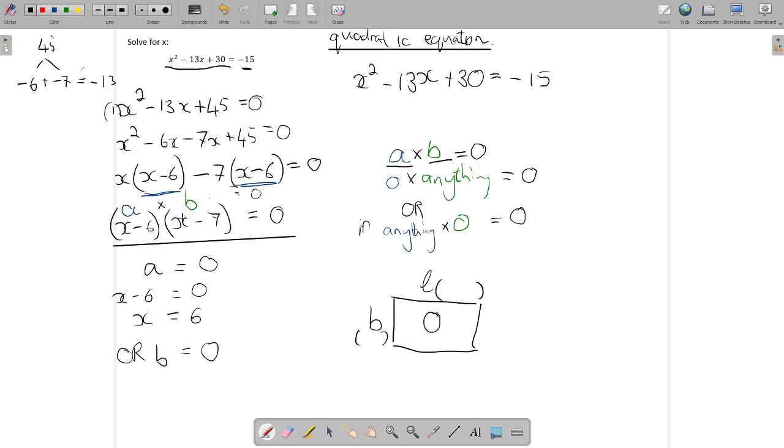Or it's possible that b is equal to 0 to make this equation true. b is x minus 7, so x minus 7 is equal to 0, x is equal to 7. Okay, now because either one of these has to be true for this to be 0, what you can write is x is equal to 6 or 7. And that would be your final answer.